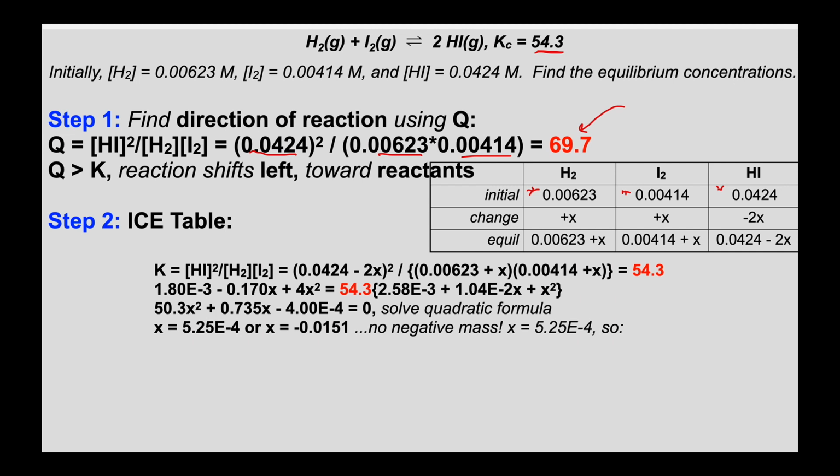Once you have the equilibrium concentration values, that's when you set them equal to K. And K is a known value, 54.3. Products divided by reactants. The math is pretty funky here, but you can see here's the HI amount at equilibrium squared. And then in the bottom, you've got the H2 and the I2. And again, notice those plus X's and minus 2X's are super important.